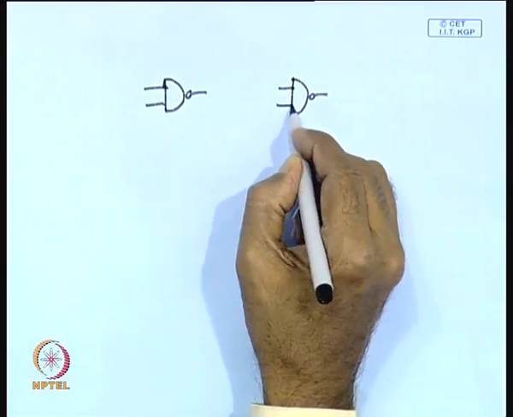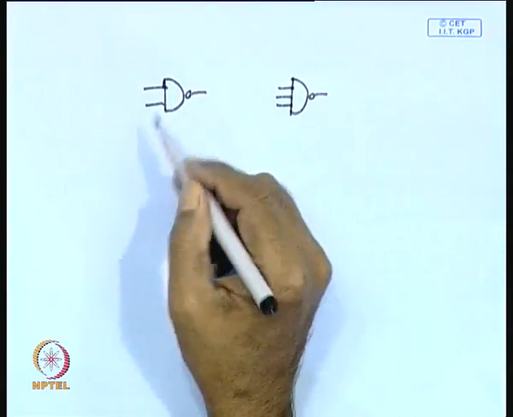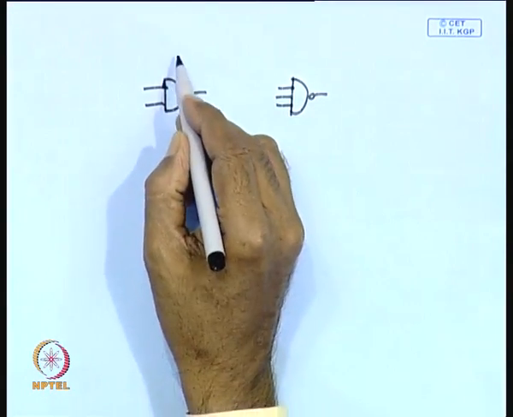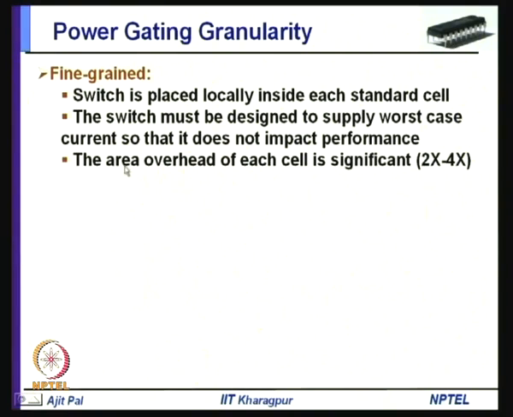So, for each of them you can have a power gating circuit, and obviously, it will have some area overhead, and this area overhead of each cell is quite significant. It can be 2 times to 4 times, and you have to design the switch.